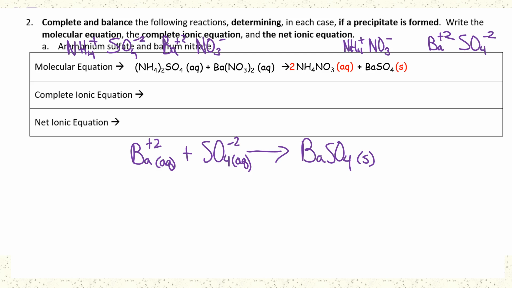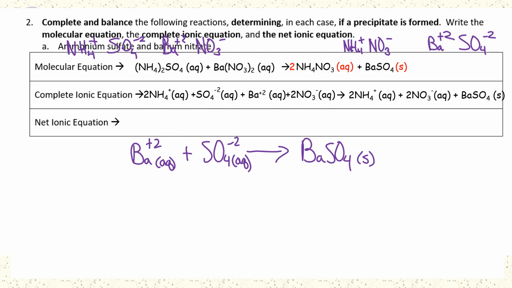If it's asking you for complete ionic, which is the part that students don't like to do because it's tedious, you would have to go in there. Anything that's an ion, you split up. So I split up my ammonium, my sulfate, my barium, my nitrate, my ammonium, my nitrate.